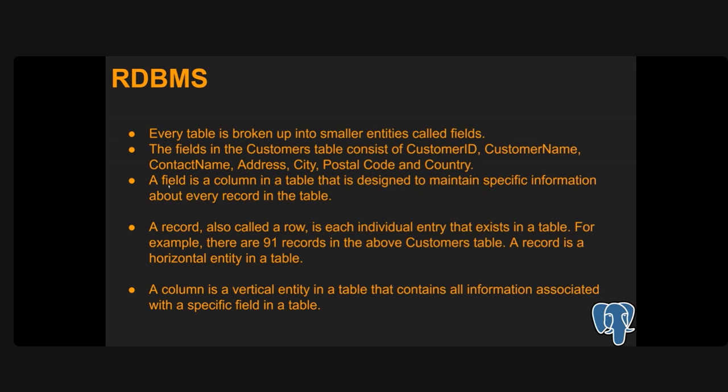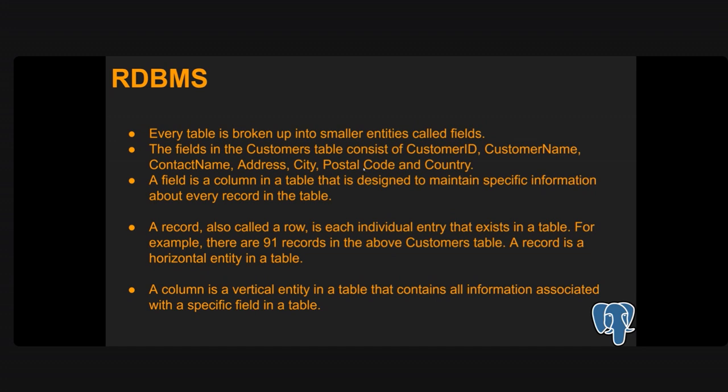A field is a column in a table that is designed to maintain specific information about every record. For example, postal code generally refers to a numeric number, right? 5 digit or 6 digit. So when you create a table, you have to specify that whatever data we enter for postal code has to be numeric.